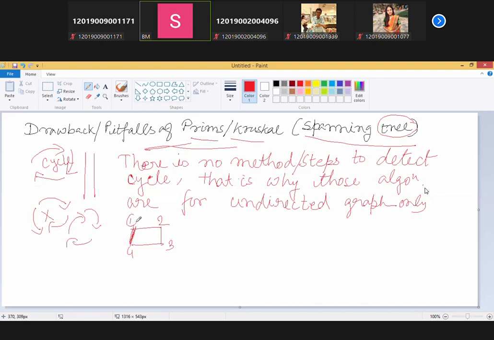How? By checking whether a node is already visited or not. But if it is directed, then 1 to 2 and 2 to 1 do not mean the same. So as a human, you can try to find the spanning tree. But for a program, if you solely use the original Prim's or Kruskal algorithm, you are not supposed to do this.